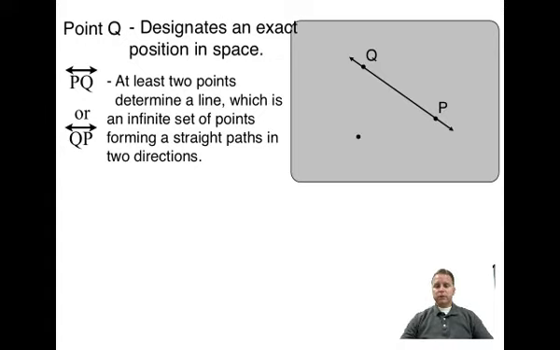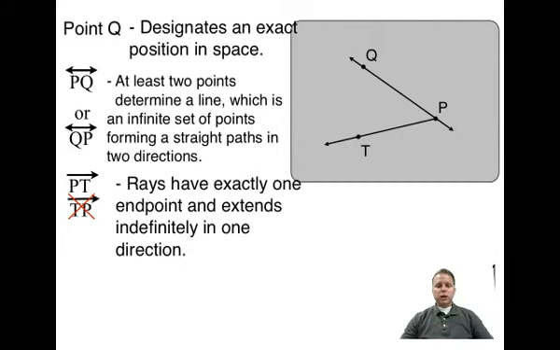Let's do another point. We'll call it T. And let's draw a line that goes from point P through T with an arrow at one end. So rays have exactly one endpoint and extend indefinitely in one direction, so they go on forever.